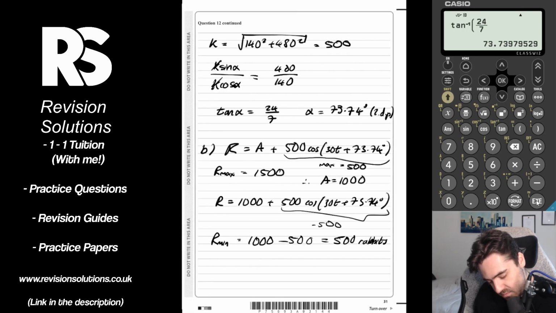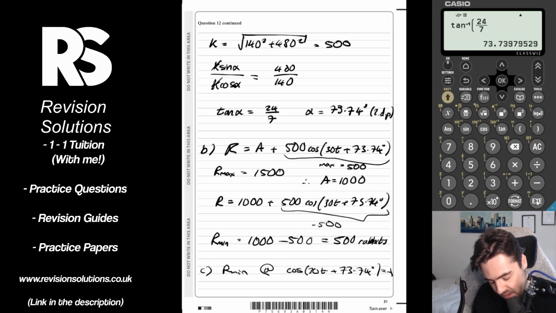So our minimum number occurred when the cos bit, so cos(30t + 73.74), needs to be equal to -1, because 500 times -1 would have given us the -500 that we wanted before.